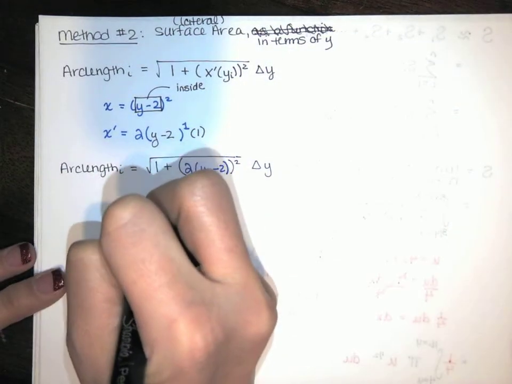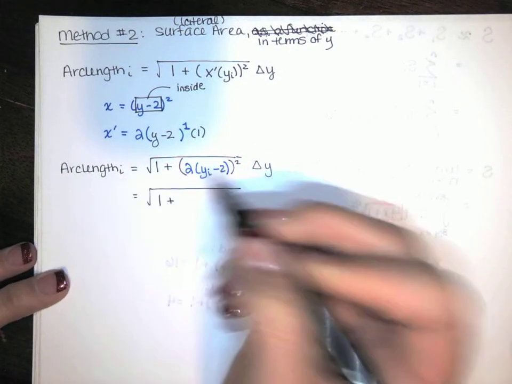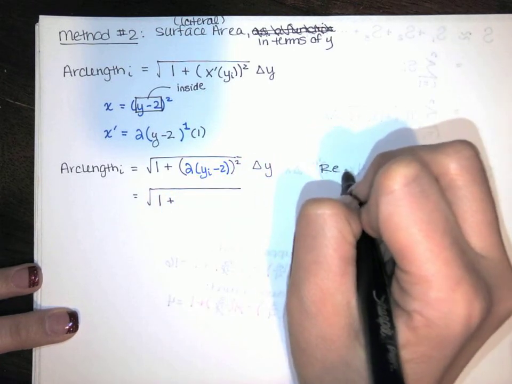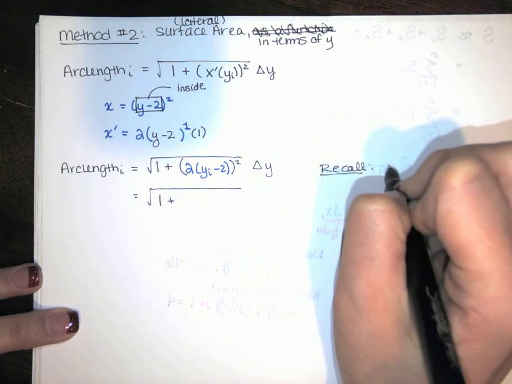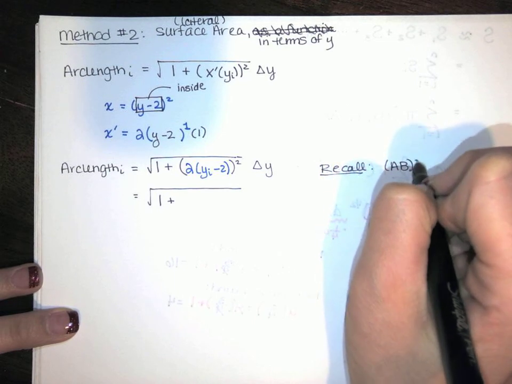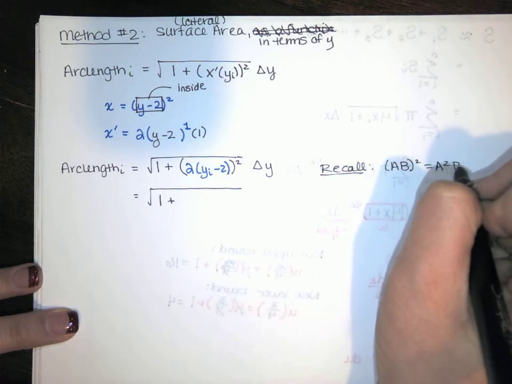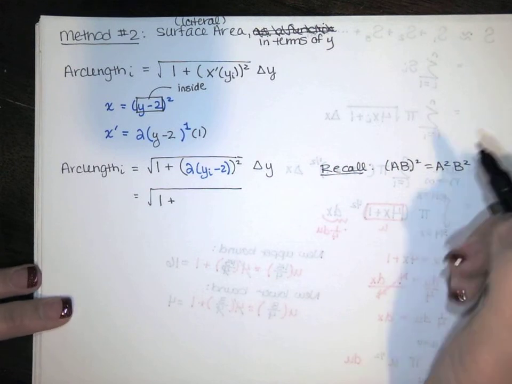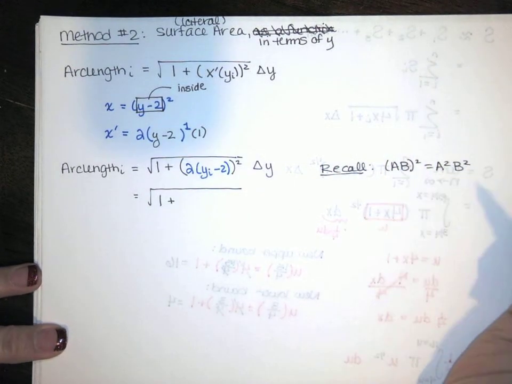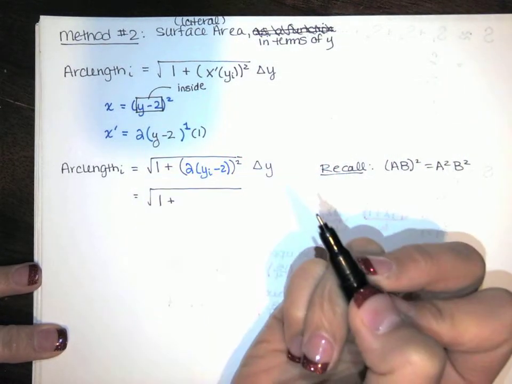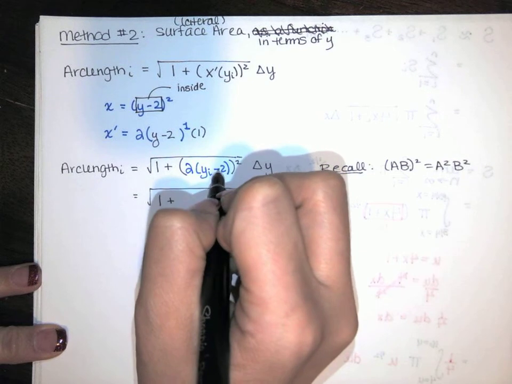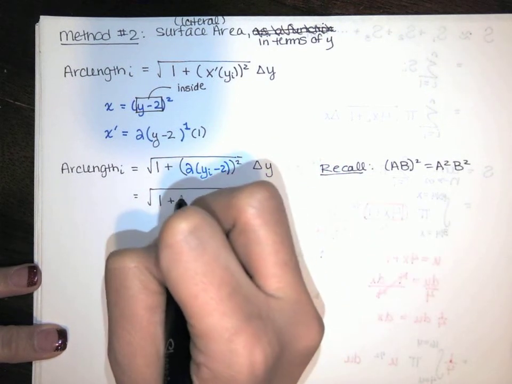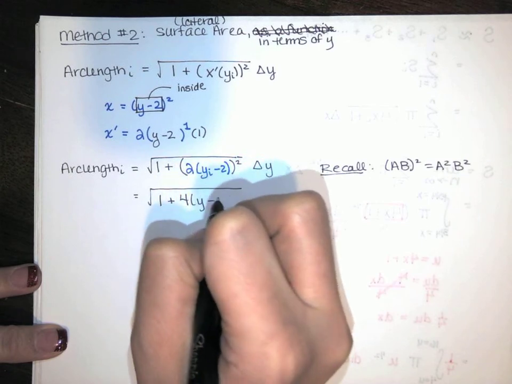Now if I square that, I have to square the 2 and square that, because remember, if I've got a times b quantity squared, I square each factor separately. So I'm going to square the 2, I'm going to square the y sub i minus 2. Now I could do that. I could call that 4 times y minus 2 squared.